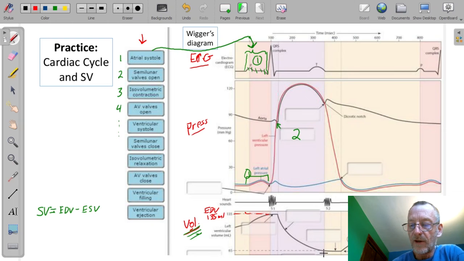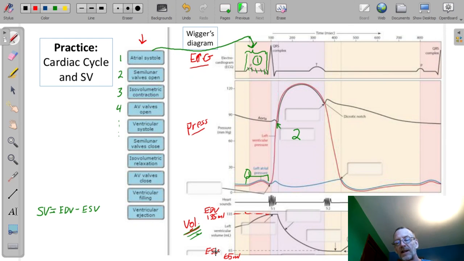And the minimum volume, or the amount of blood left in the heart at the end of systole, is the end systolic volume. So this would be the ESV. And it looks like it's about 65 mils. So there's your end diastolic and your end systolic, and you can calculate the stroke volume.